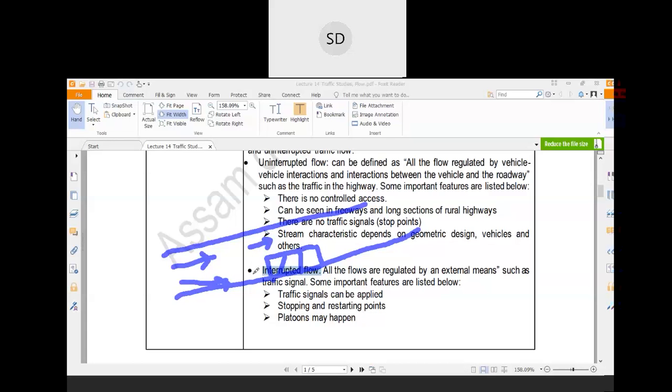In this way, a line of vehicles will be created, led by one or two vehicles and followed by other vehicles. This is basically called a platoon of vehicles.